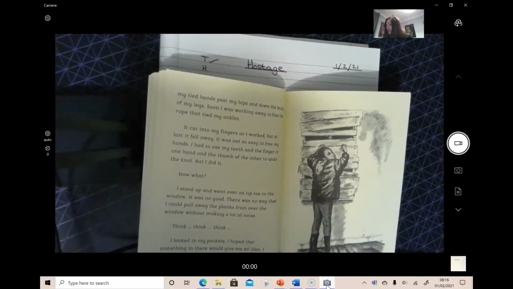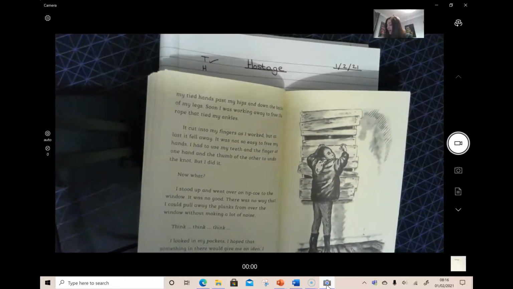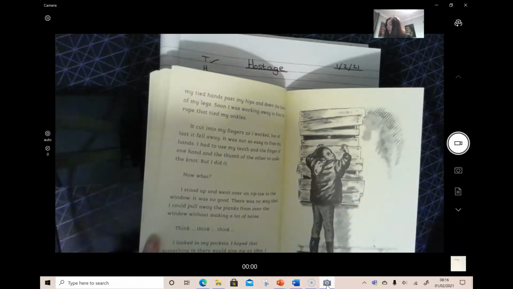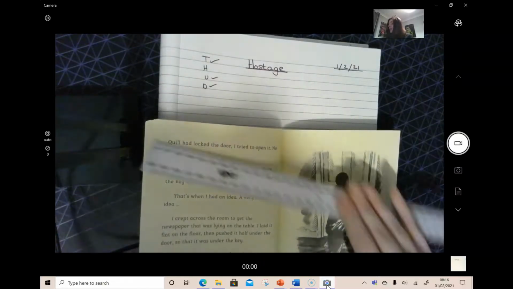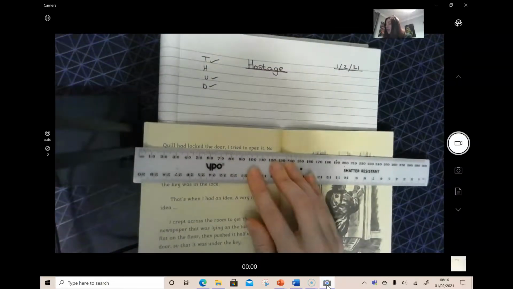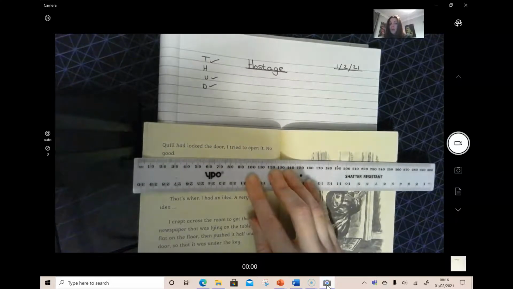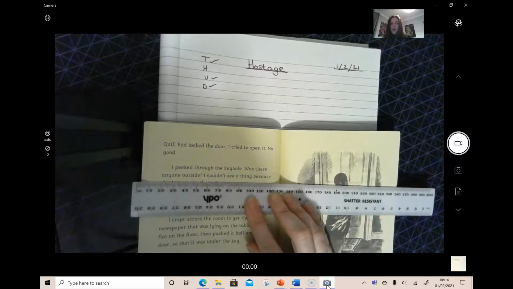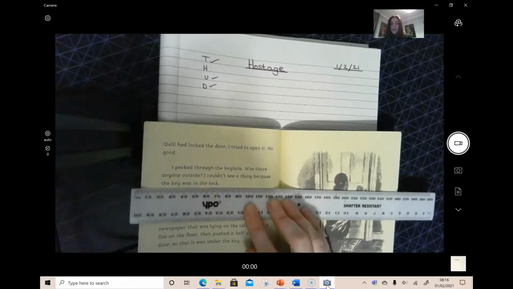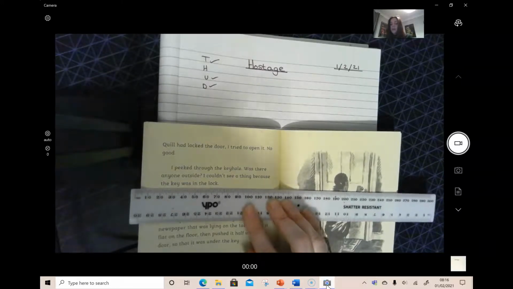I looked around. My mind was still blank. I tiptoed across to the door, even though I knew Quill had locked the door. I tried to open it. No good. I peeked through the keyhole. Was there anyone outside? I couldn't see a thing because the key was in the lock.